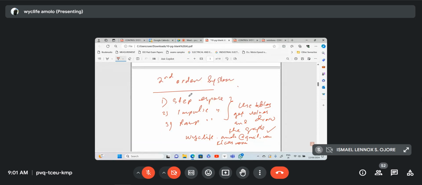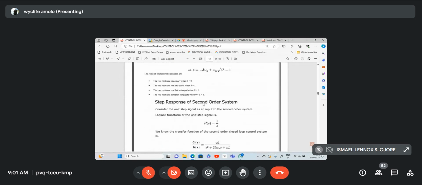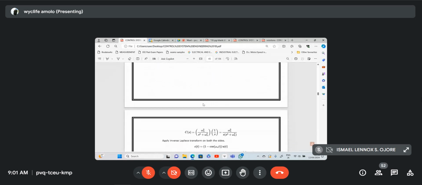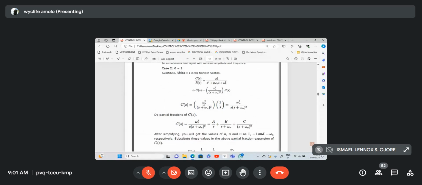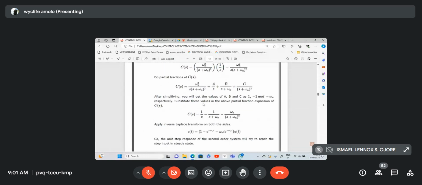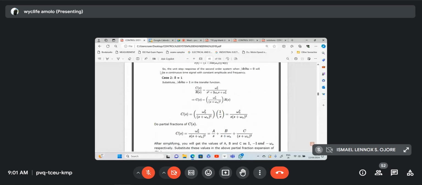I wanted it to look like a step response. So the best thing is to draw it when it is equal to one.